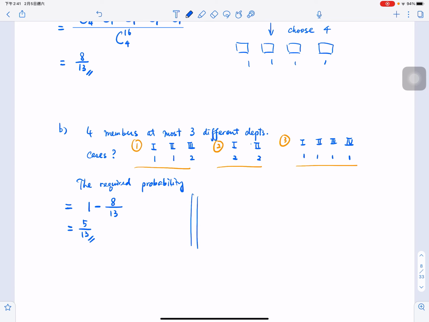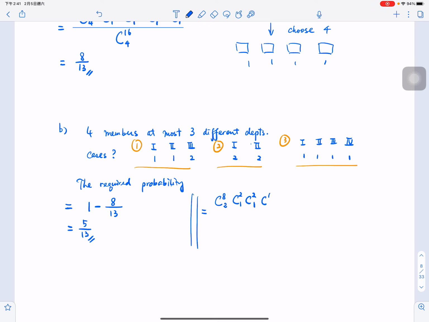Maybe we can use another method to think about it. Then how to think about it? Maybe the first situation: that means 8C2, then 2C1, 2C1.